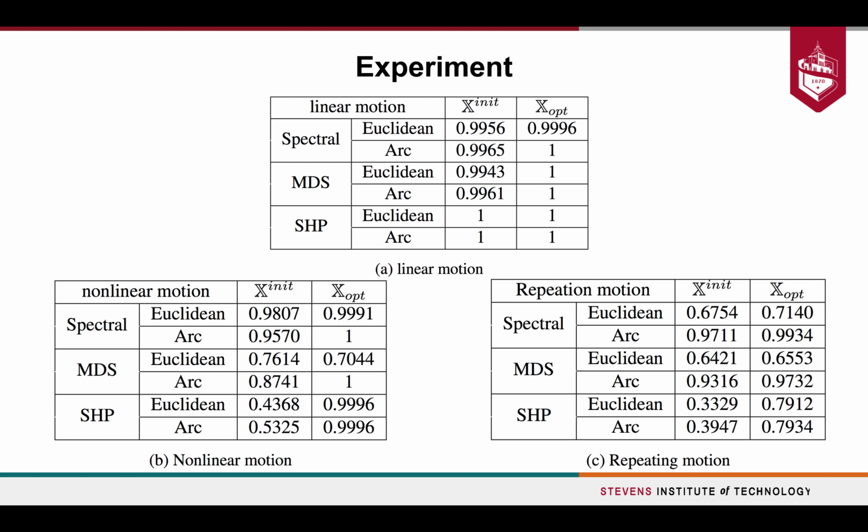First, for linear motion, all those methods can compute good sequencing information from the structure. For nonlinear motion, using arc distance with spectral and MDS gives perfect sequencing information. And for repeating motion, you can see, except for arc distance with spectral and MDS, the others all failed to compute a good ordering.